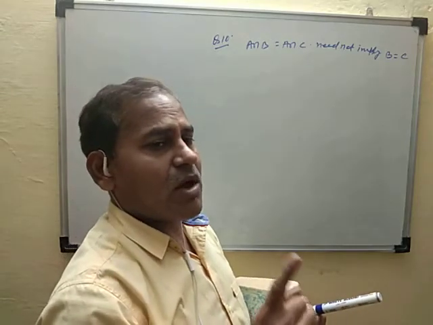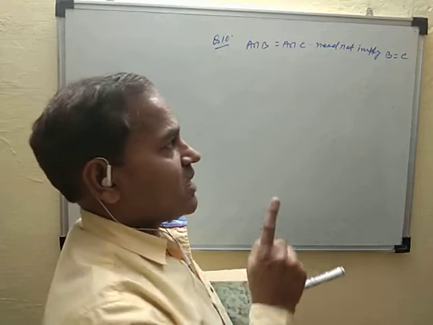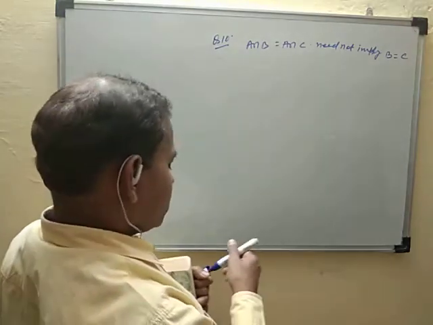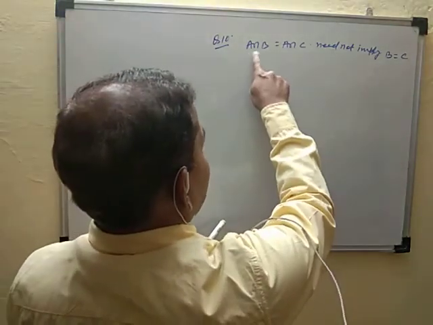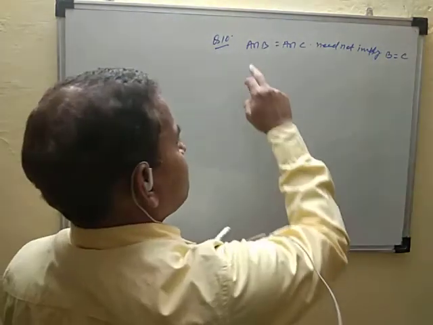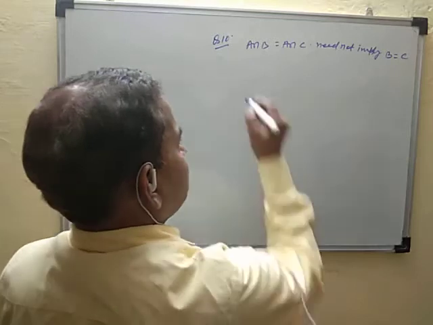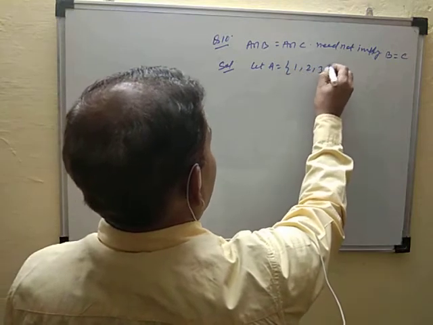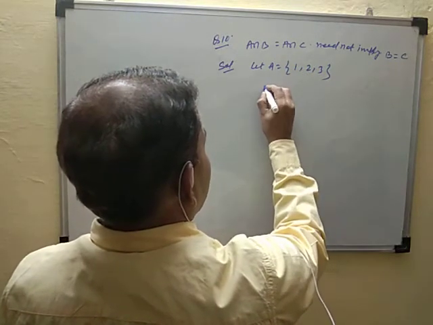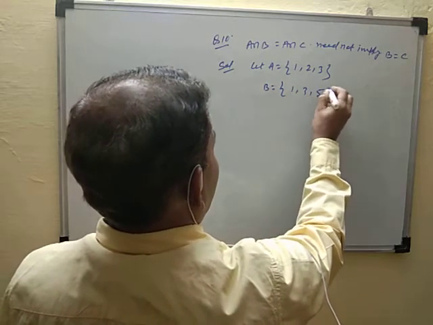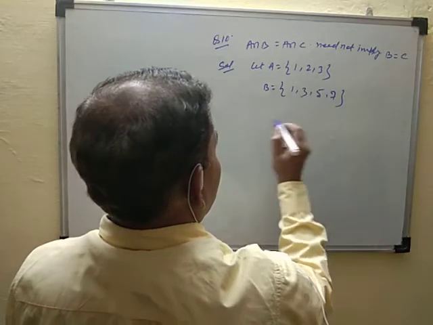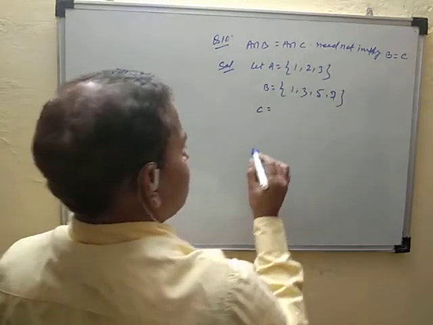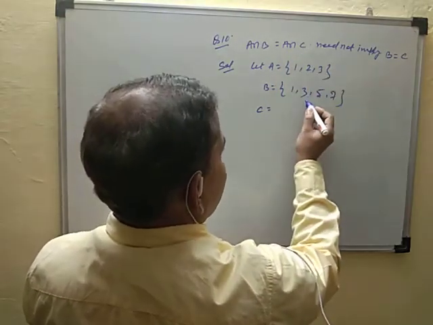So where you have to show "not", you can show it by an example, you don't prove it. Here we have to show "need not imply", so you can prove it by an example. Suppose A, B and C are three sets such that A intersection B is equal to A intersection C. So solution: let A be equal to {1, 2, 3} and suppose B is equal to {1, 3, 5, 7} and C is equal to, here A intersection B is equal to A intersection C. So what is the intersection? 1 and 3, two elements.